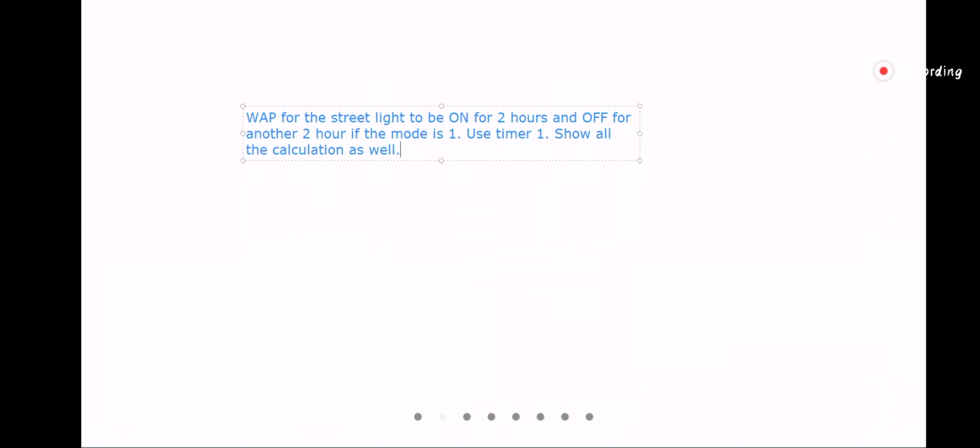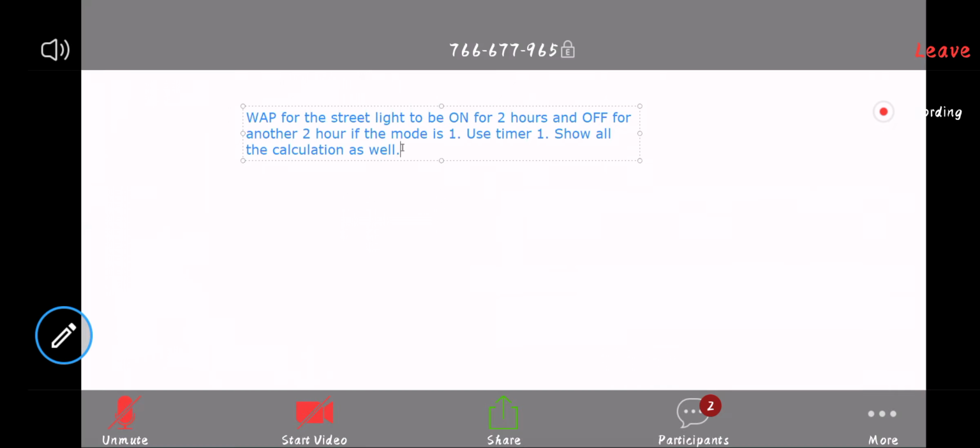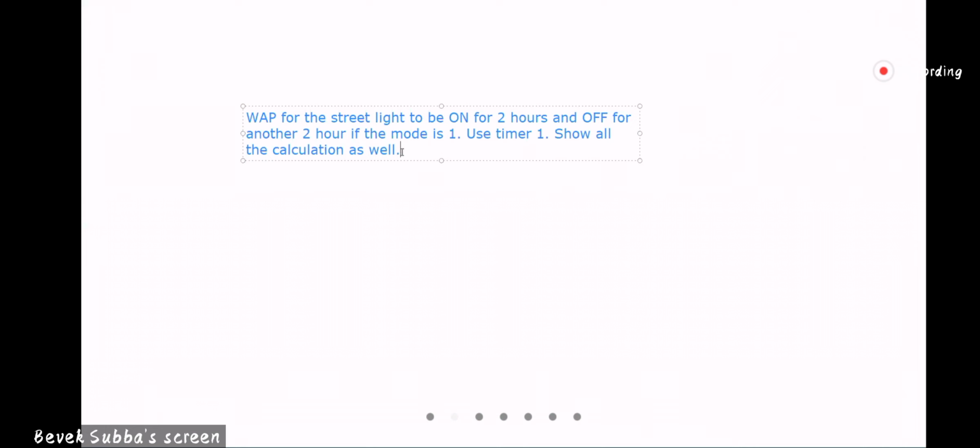Is it clear? This question you will do and show me using the timer technique. A long time ago we did one technique for this, but that time we didn't use a timer.